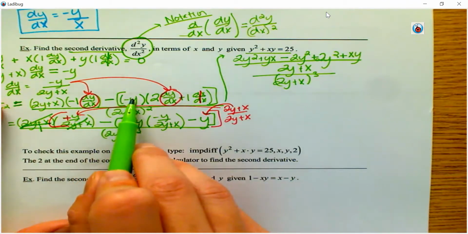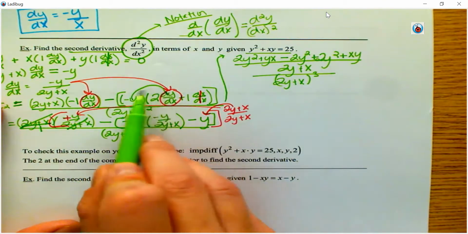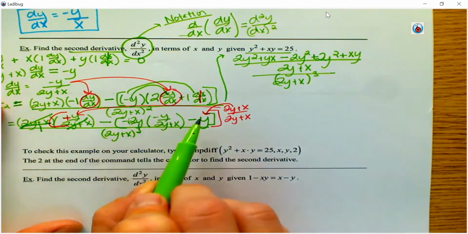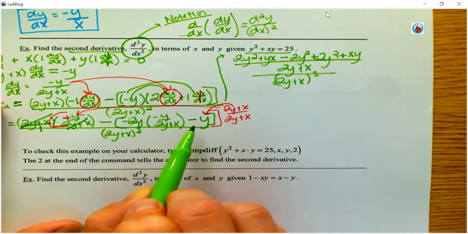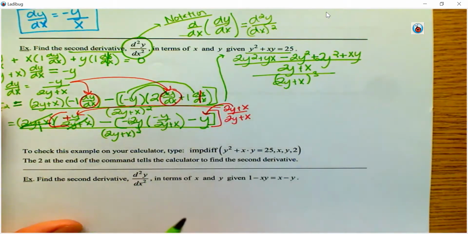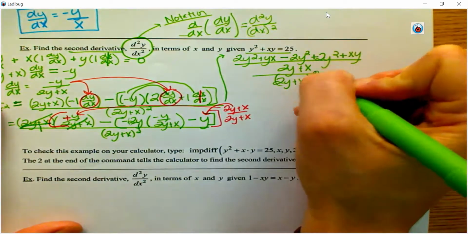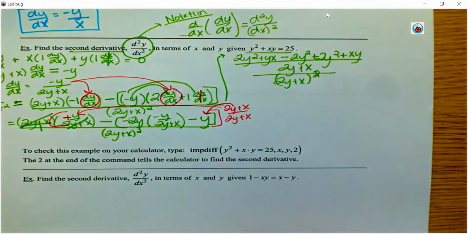This y got distributed to this and to this, which turned into this minus y here. Is that what you're asking about? Yeah. Okay. Anything else? Connor? How did the 2y plus x go from the squared to the cube? This here? Oh, it is a squared. Sorry. Thank you. It's going to become a cubed in a minute.